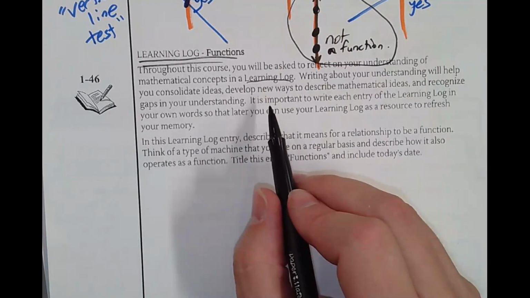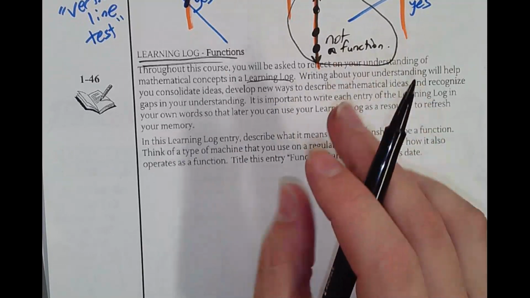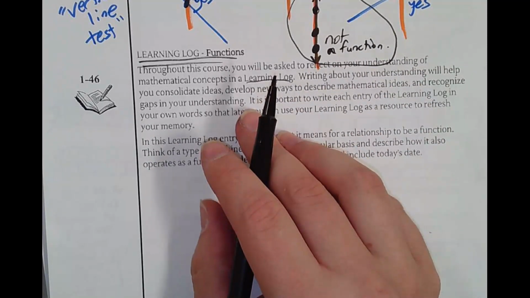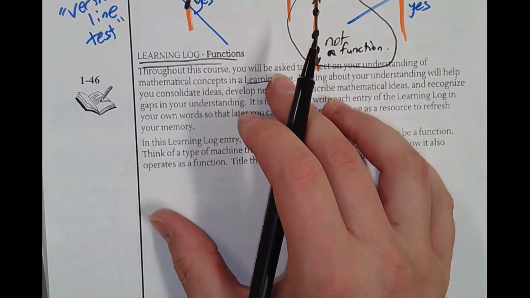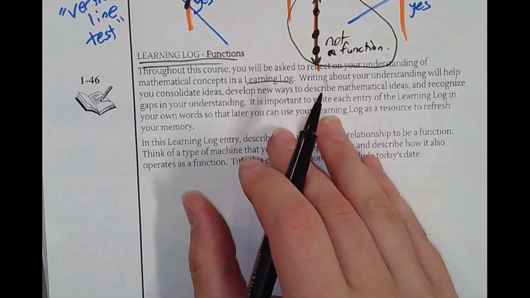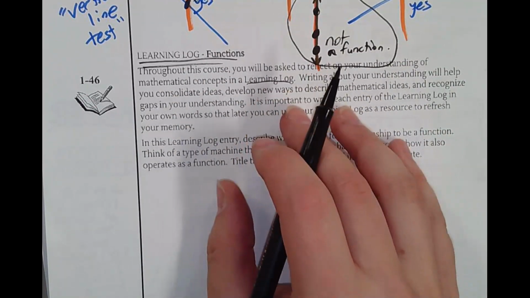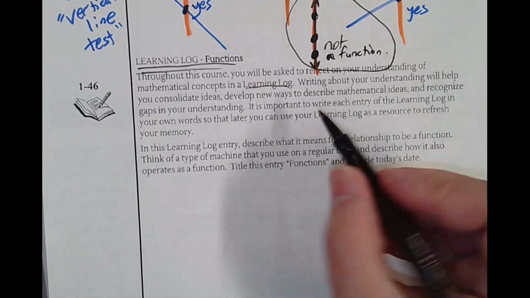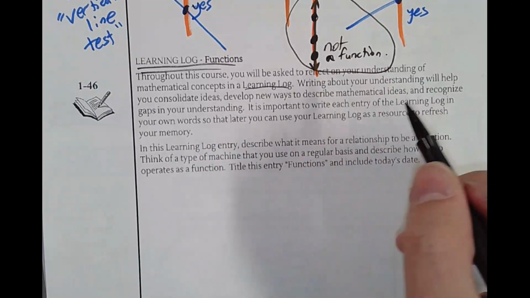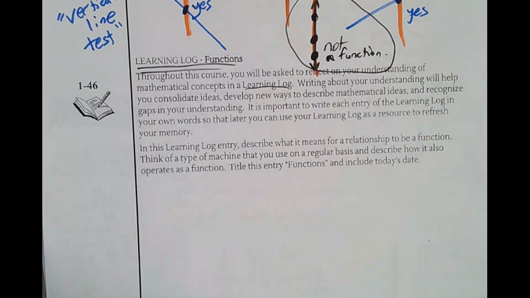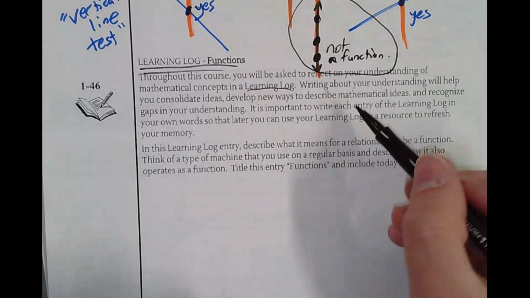Is there something you found easy to understand from this lesson? Was it the vending machines, perhaps? Was it the vertical line test? Was it the graphs? Was it the tables? Is there something that you felt was easy? Was there something that you felt was hard or you didn't understand yet? All that is normal in math.